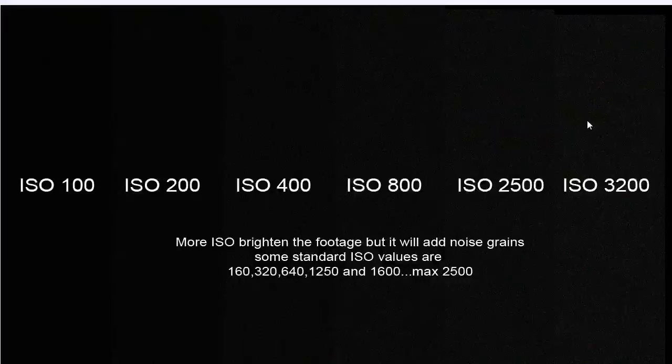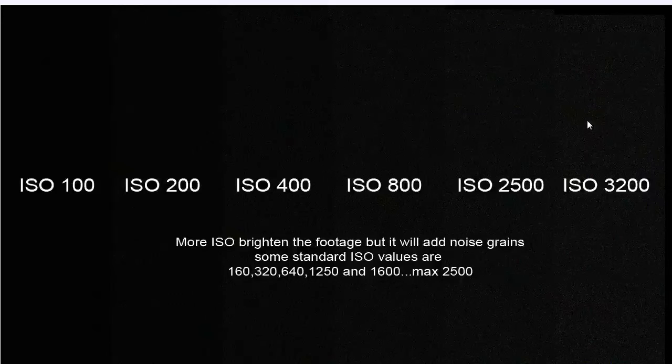So keep that in mind: do you want grain in your shot or not? There are some standard ISO values, which are 160, 320, 640, 1250, 1600, and 2500, which give you a good ISO.